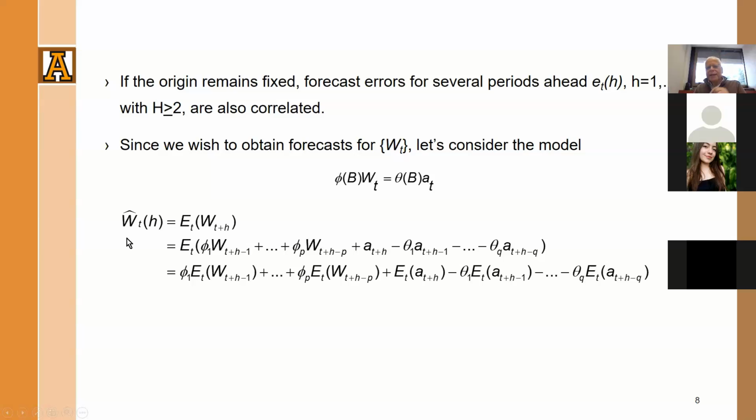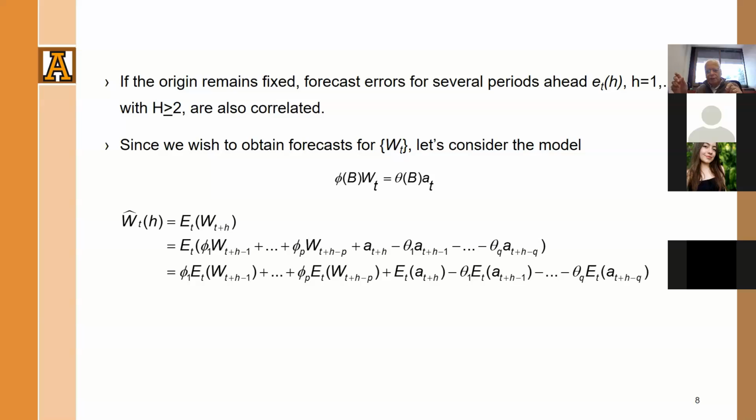Then the optimal forecast h periods ahead is the conditional expectation of WT plus h, of what we will observe h periods ahead. If we express this model in its polynomial form, that will be the conditional expectation of phi 1 WT plus h minus 1, and so on.